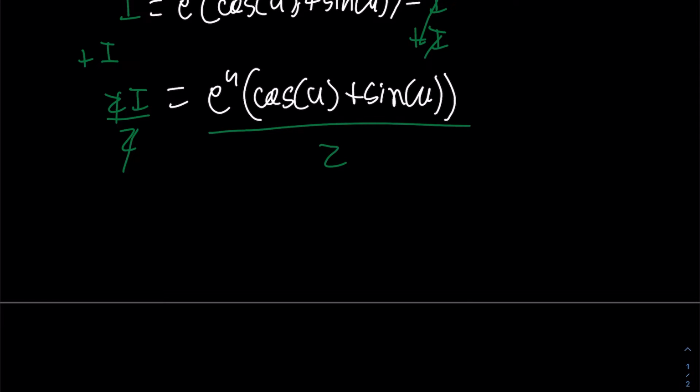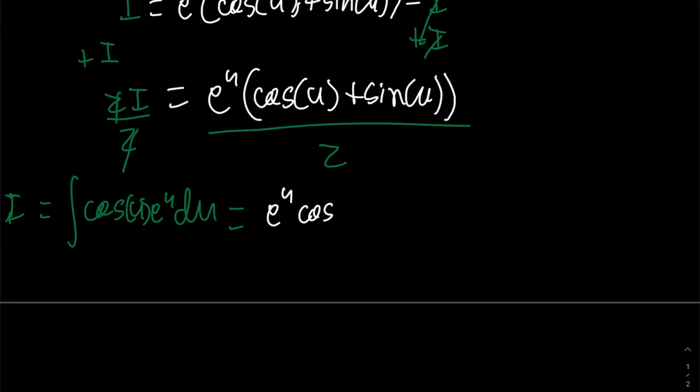We see that this cancels, and we see that I, which is equal to the integral of cosine of u e to the u du, is simply equal to, now let's distribute this e to the u once again, e to the u cosine of u plus e to the u sine of u, and of course everything is divided by 2.